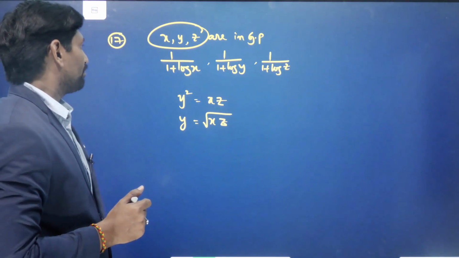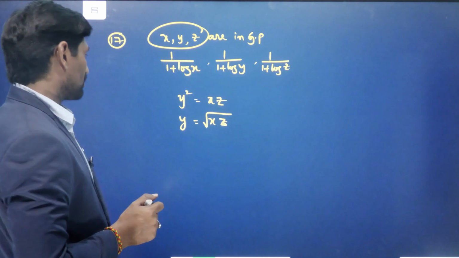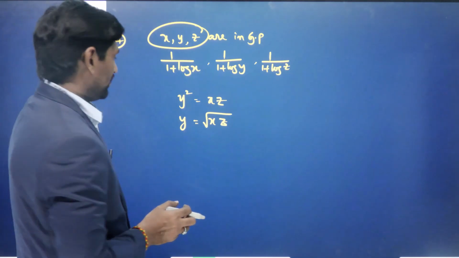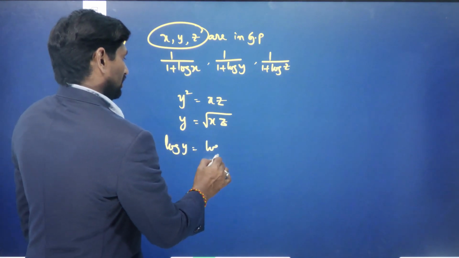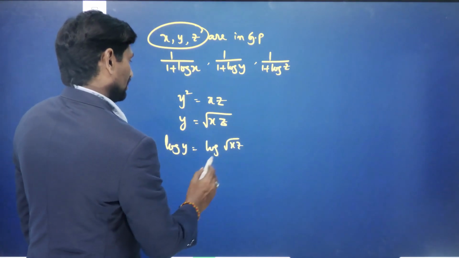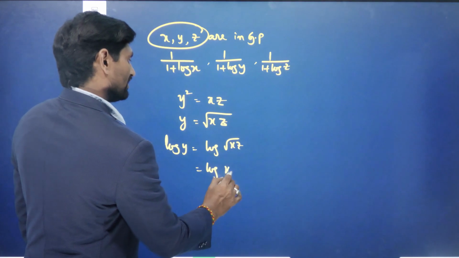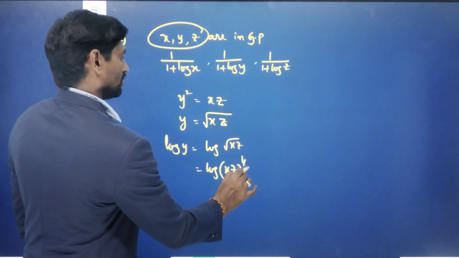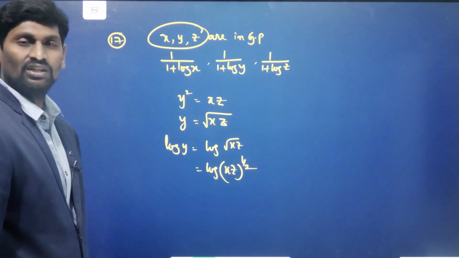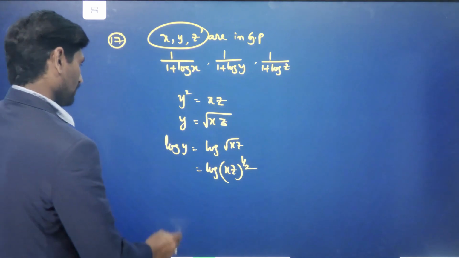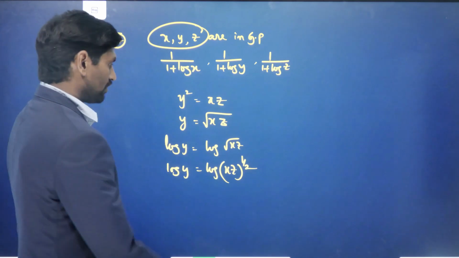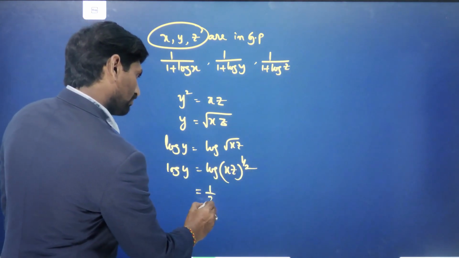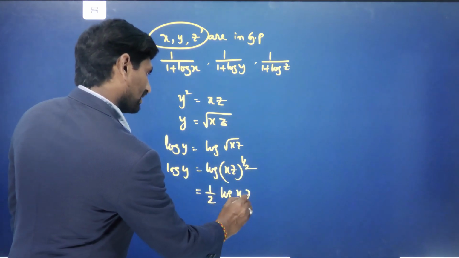Now I am going to apply logarithms on both sides. It will be log y equals log of root xz, that is log of xz whole to the power of 1 by 2. Square root can be expressed as the power of 1 by 2. That means log y is equal to 1 by 2 into log xz.